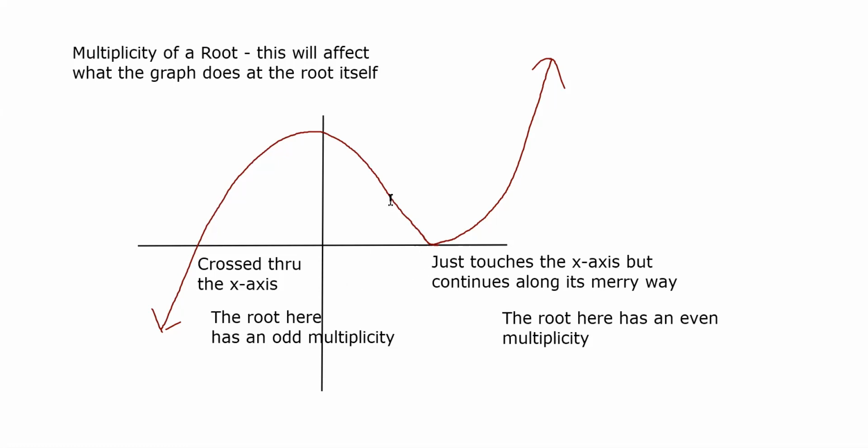But here, with an even multiplicity, negative x values become positive, and then as you go to the right of it, positive numbers stay positive. So even multiplicity means that you're going to stay one way on either side. Again, that's not a great description of why. Unfortunately, this for now is something you may need to commit to memory. Frankly, we'd have to have more time for me to really show an example of why it makes sense that this does that.